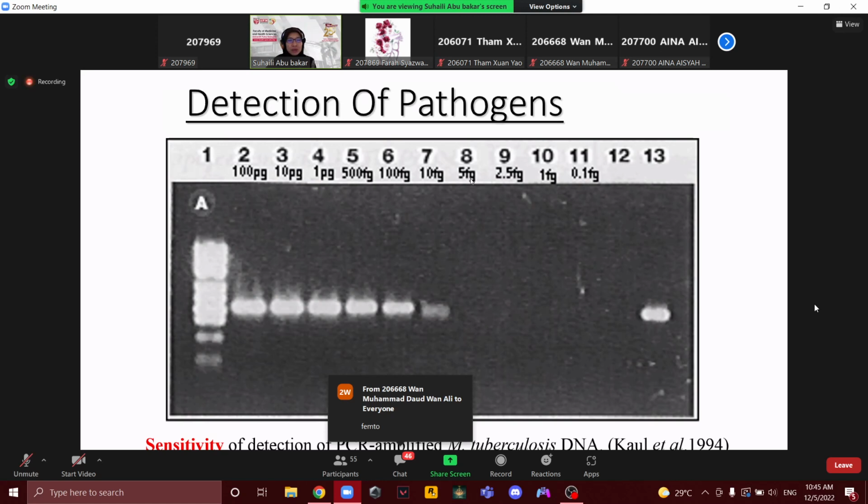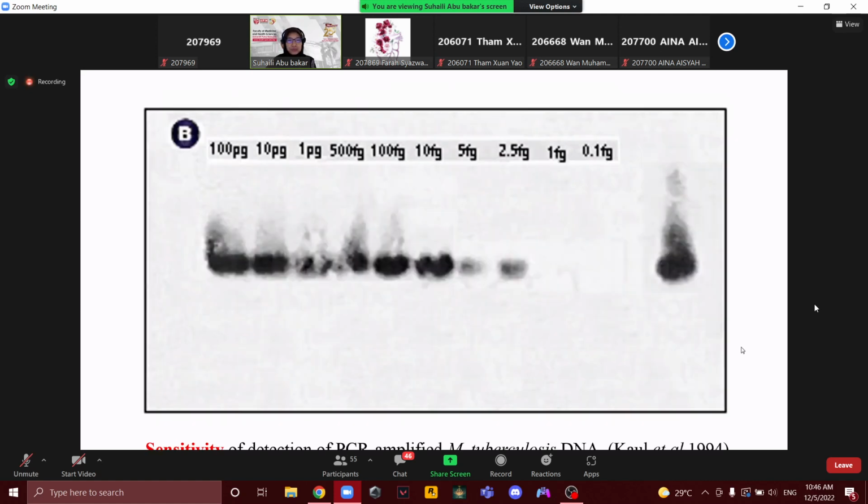Is there any smaller unit than femto? I think there isn't. So with femto, it cannot be detected anymore. This is the control. So 10 femtogram means very small DNA of the tuberculosis is present in that particular sample, and by using PCR it can still be amplified. You can see it, to show you the power of the PCR.